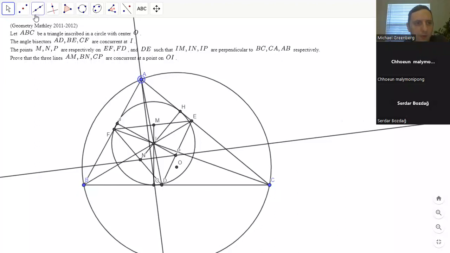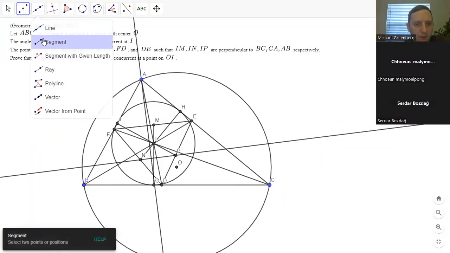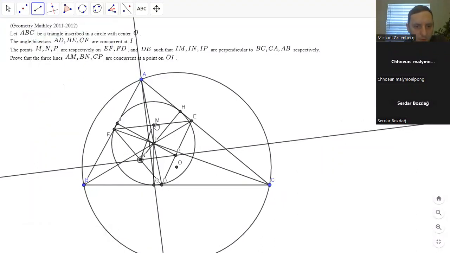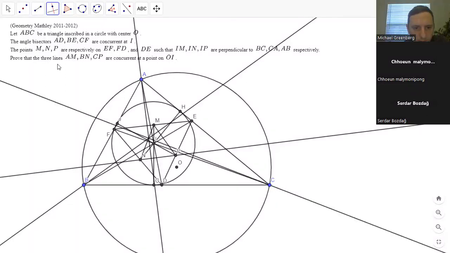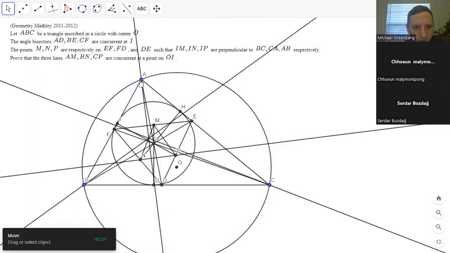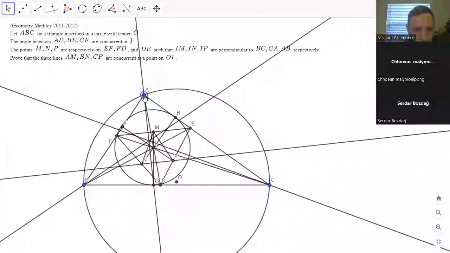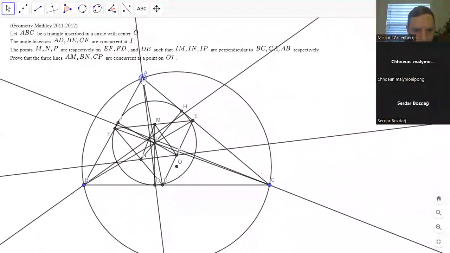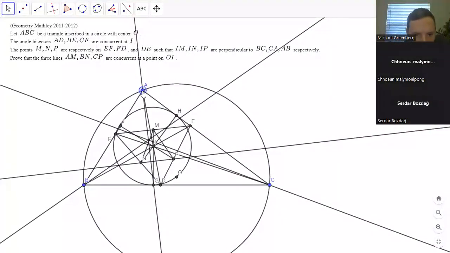Okay, so let's see. So A to NP, B to MP, and C to MN. Let's see. So this is A to N.